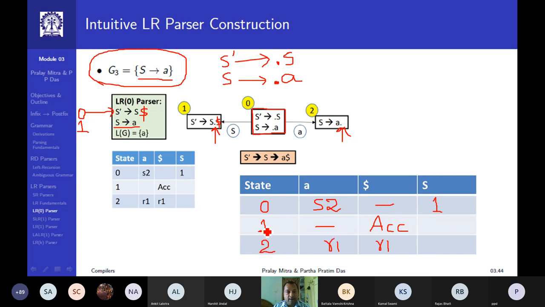Standing at 1, if I see one more S, since there is only one production rule, I have nowhere to go. So that is an error, and this is also an error. So all the spaces indicate that there is an error state. Sometimes it is possible to look at those blanks and then identify what kind of error it may lead to.